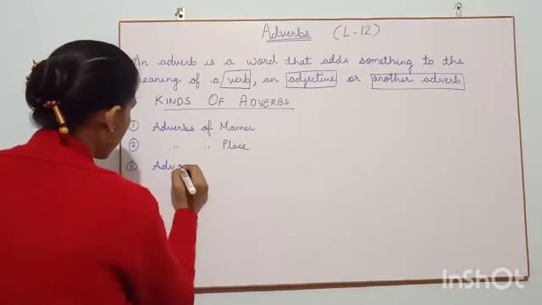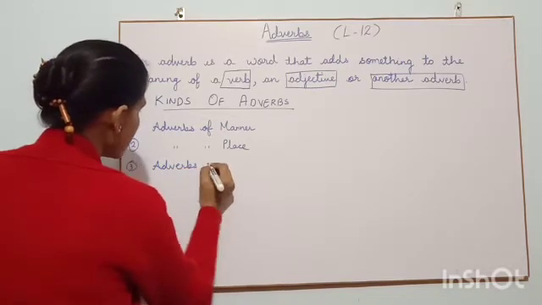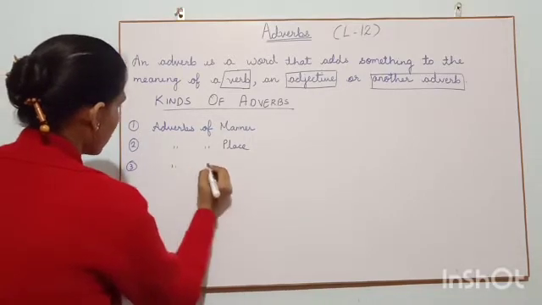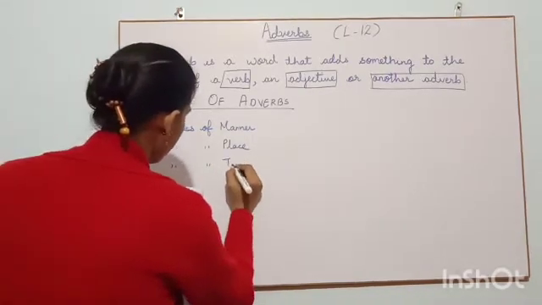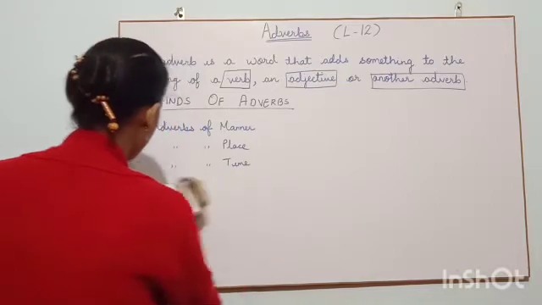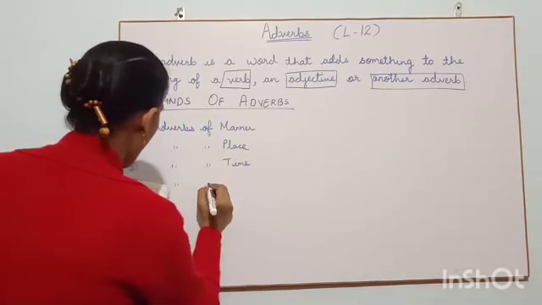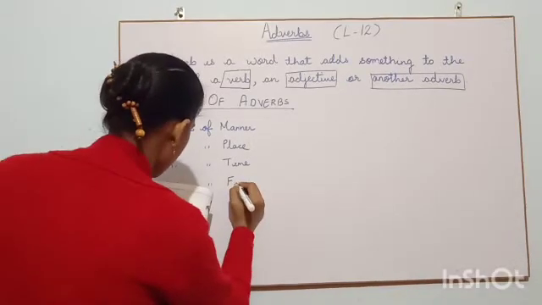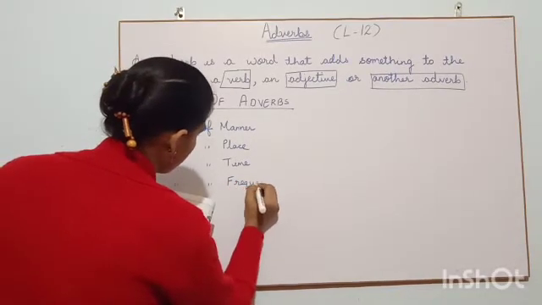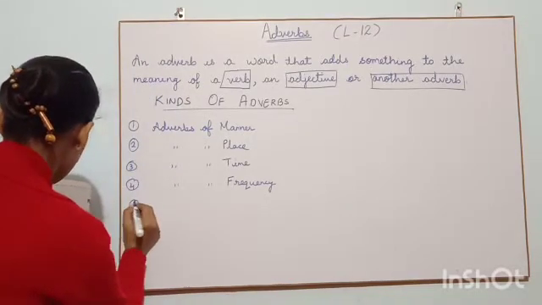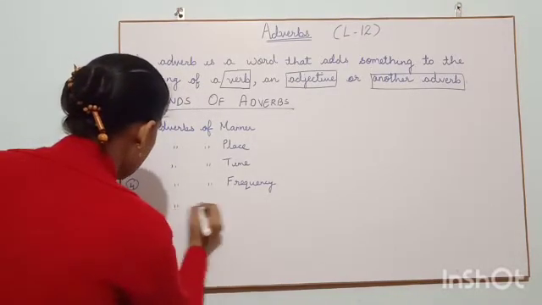Instead of writing the full thing, I can even do this, adverb of time. Then the fourth one, we have adverbs of frequency. Then our fifth one is adverbs of degree.